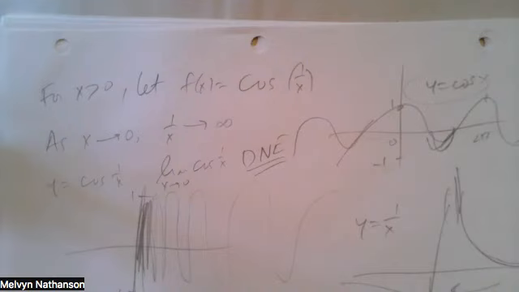You're getting closer and closer, in fact, to every point on the y-axis between -1 and 1. There's no single limit. Any questions about this, or any questions about any of the homework problems or exercises in the book that you've seen?